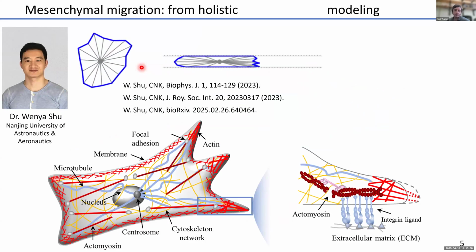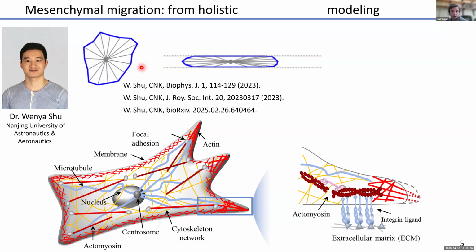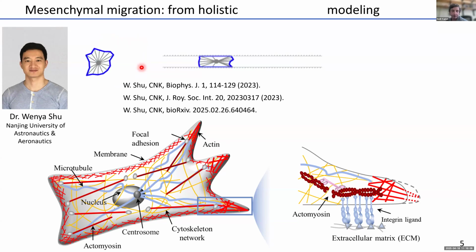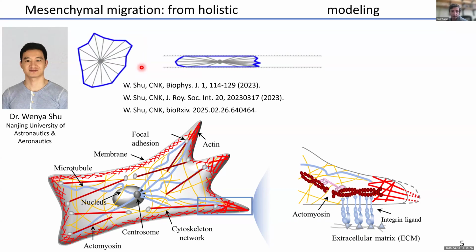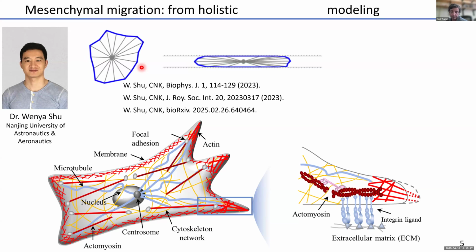So this drove us to a somewhat holistic modeling of the cell. I'm a bit cautious when I use that word because it's holistic for a physicist. It's not holistic for a biologist. If a biologist looks at our models, she would find them very, very simple.